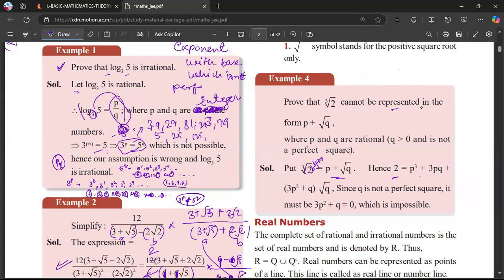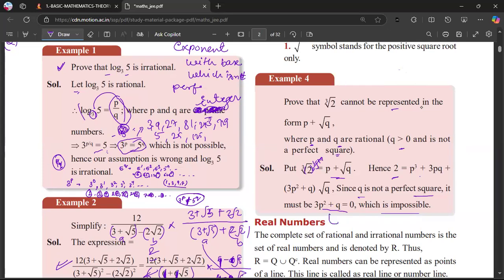Yeah, so they have done the same on the right hand side, and after comparing, they find out since q is not a perfect square, it must be, which is impossible. Given was that p and q were irrational numbers, q was more than 0 and not a perfect square. So 3p square plus q cannot be a perfect square.